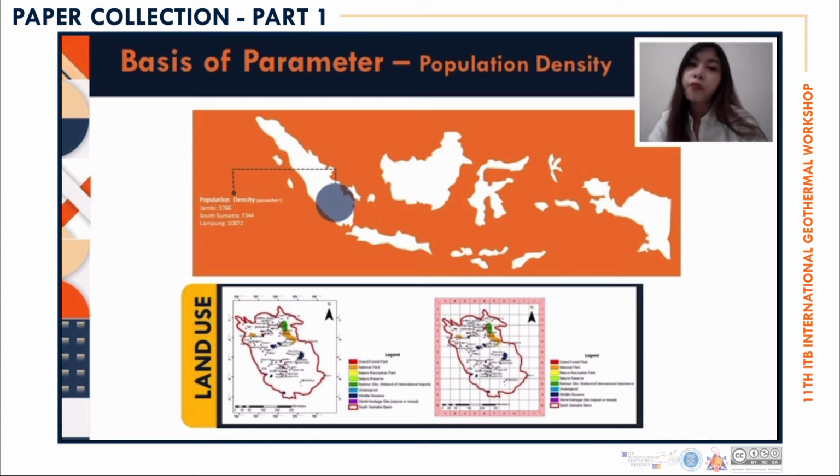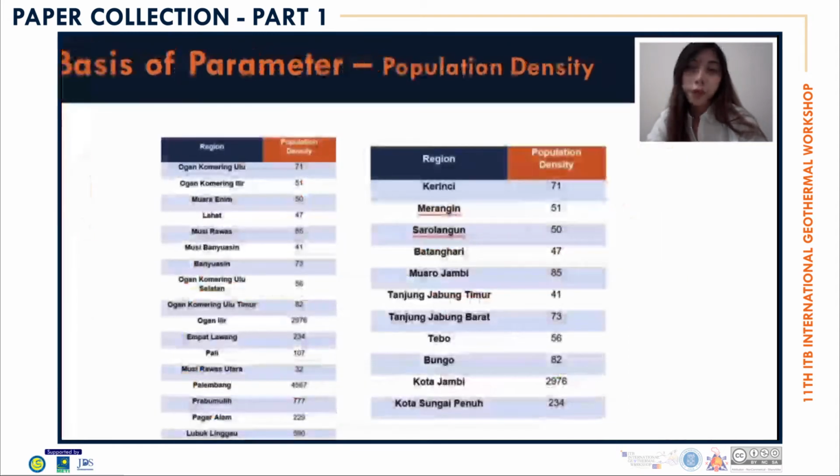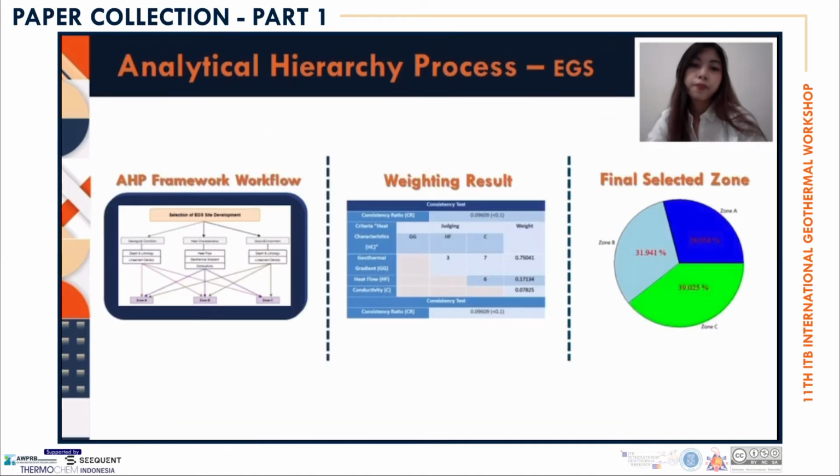Areas that overlap with existing conservation areas have a lower chance for further enhanced geothermal system development. And also, enhanced geothermal system is more likely to be associated with lesser population density.